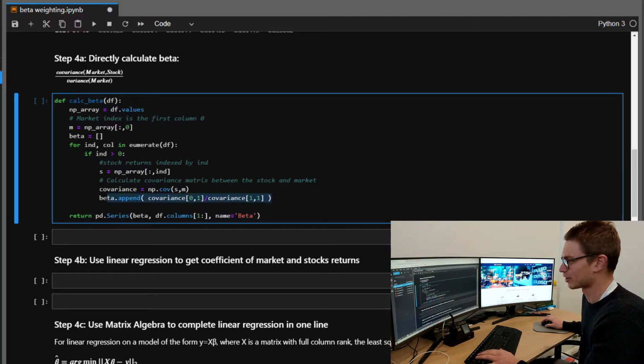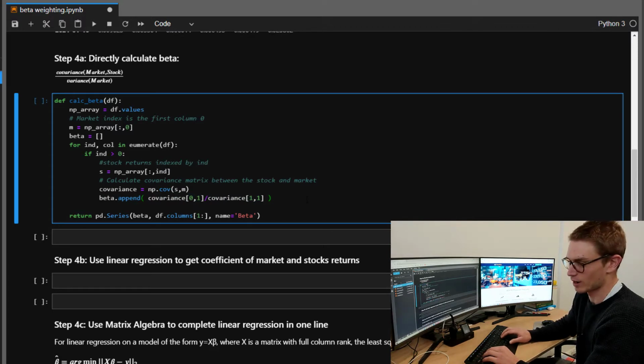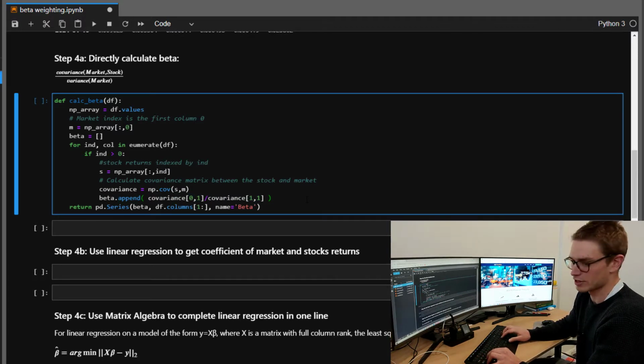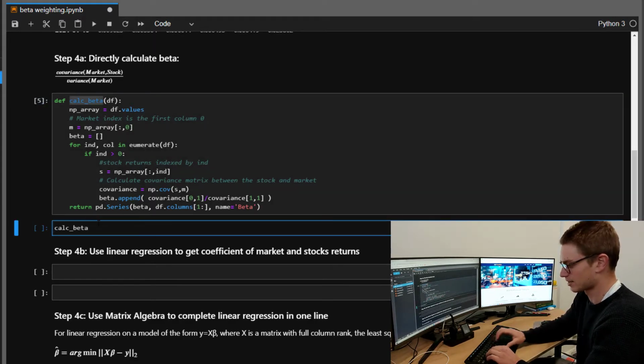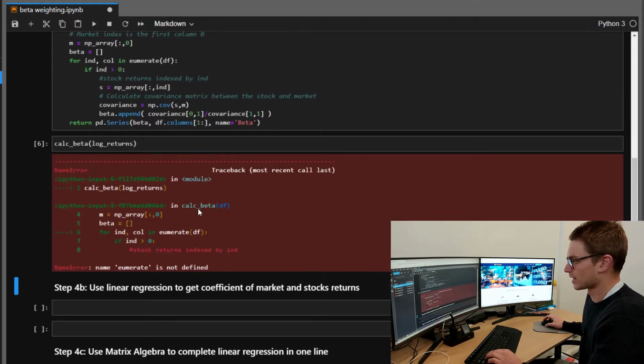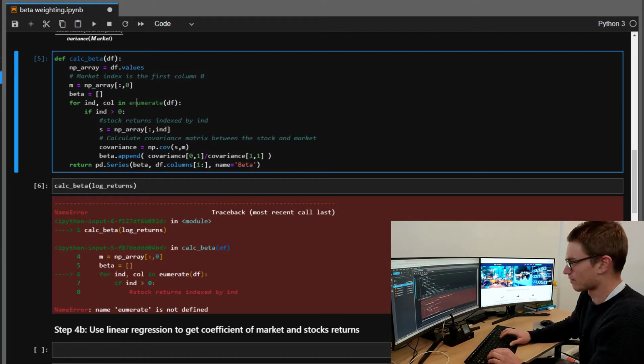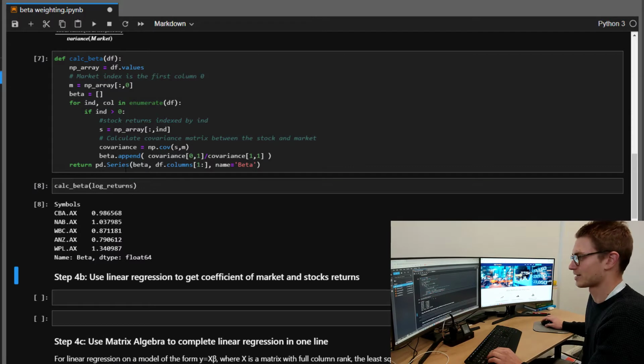So this is our covariance of the market and the stock divided by the variance of the market, and that is equal to our betas. So now that's great. If we hit enter on that, and let's run this against our log returns. What have we done here? Have we spelled enumerate wrong? Yes, we have. Enumerate. Excellent.